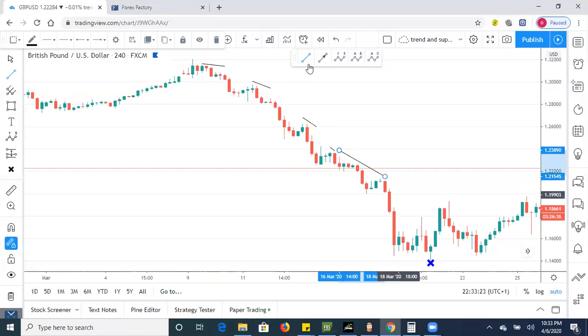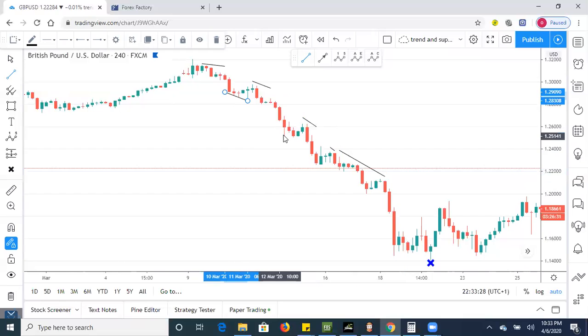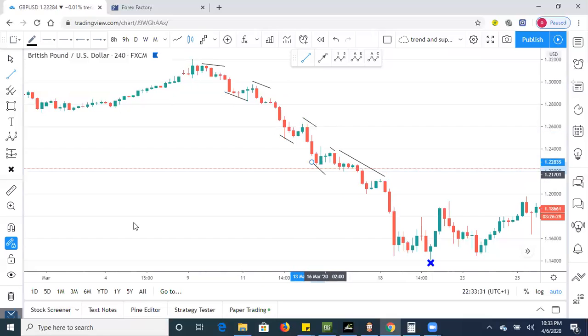And you can find consecutive lows, right? You can find them.